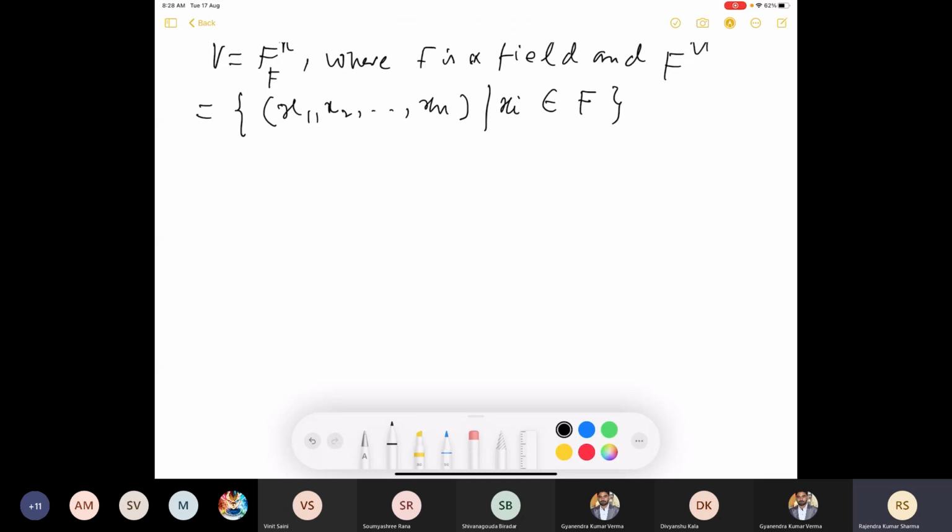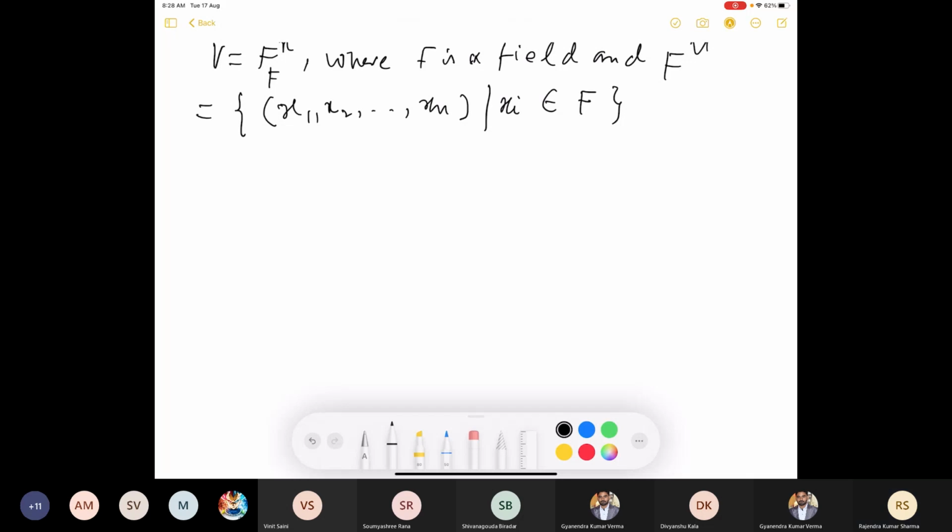So alpha times this n-tuple is the n-tuple alpha x1, alpha x2, and so on up to alpha xn. So this becomes a vector space with respect to this addition and scalar multiplication.